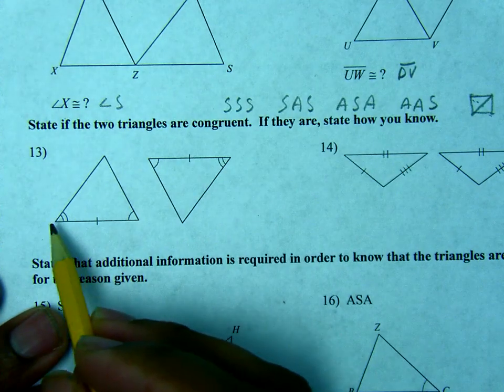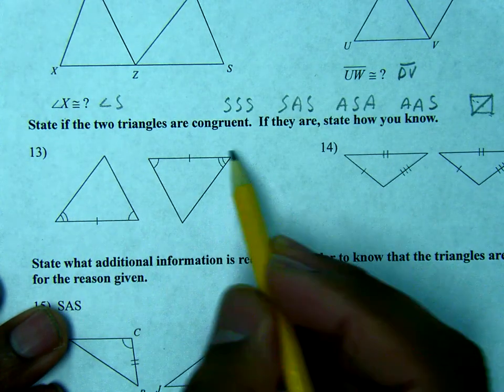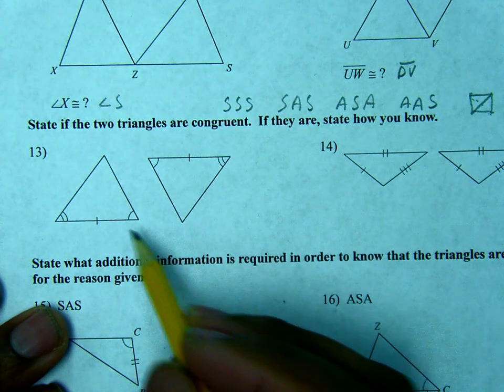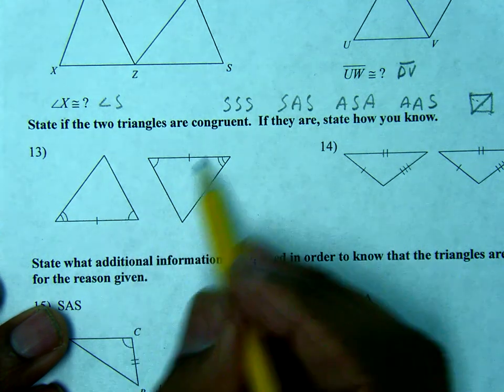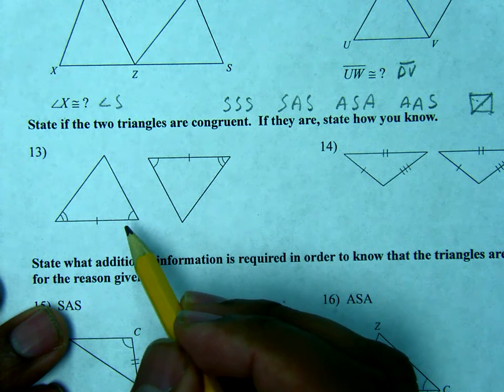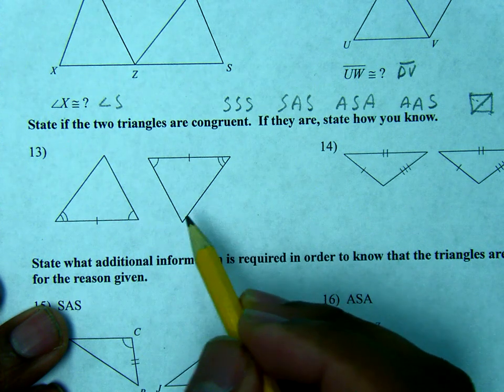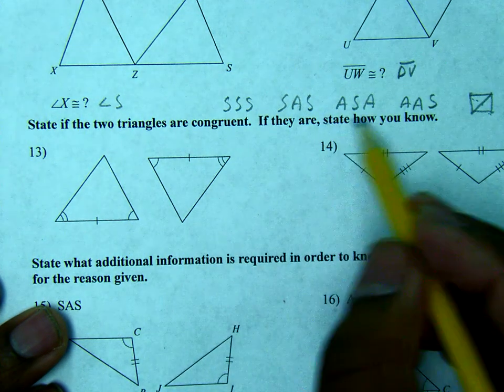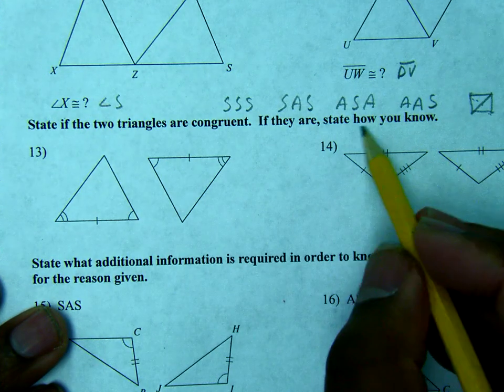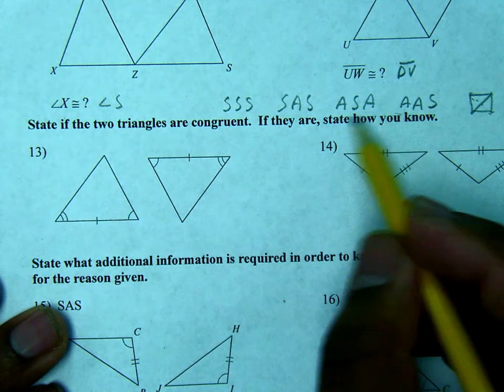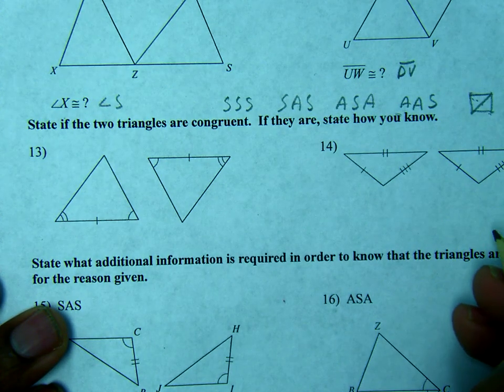Well, in number 13, we've got 2 pairs of congruent angles here, and a pair of sides. So you want to find the one that has 2 angles in it, which would be one of these 2 over here.